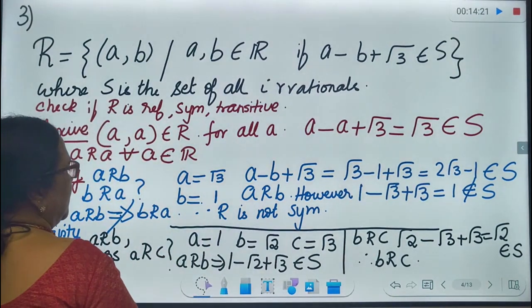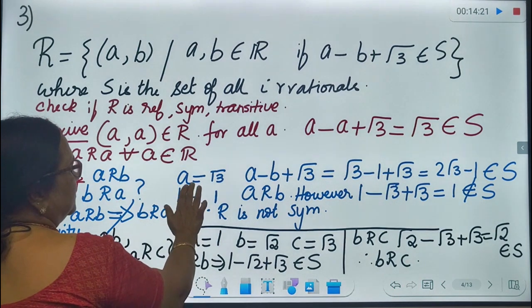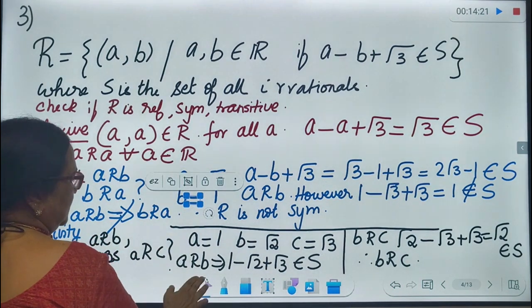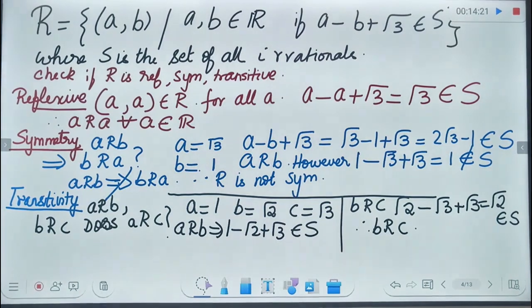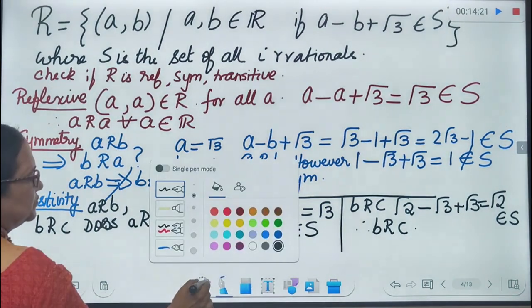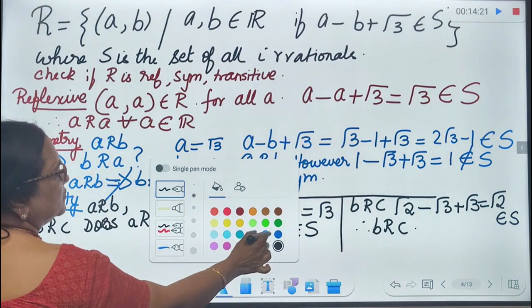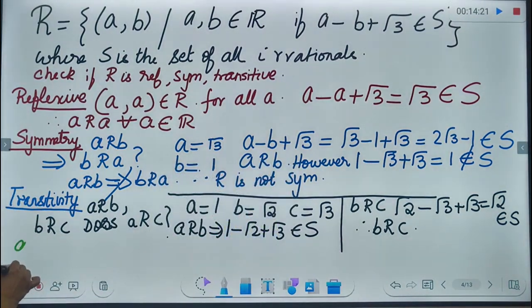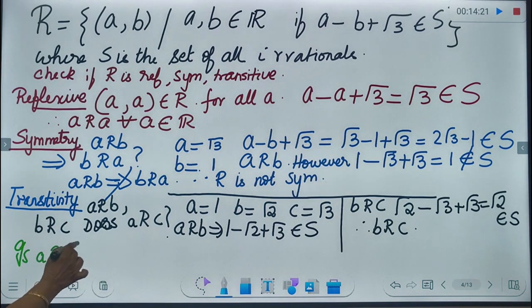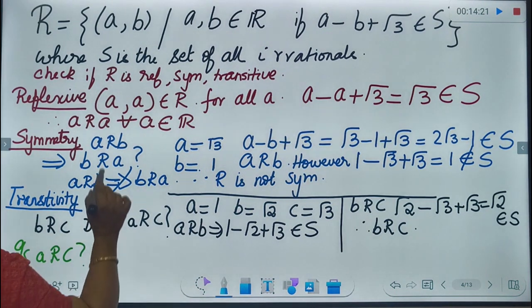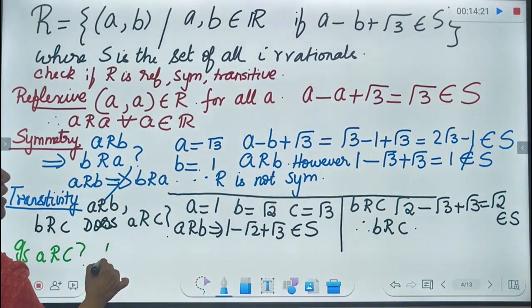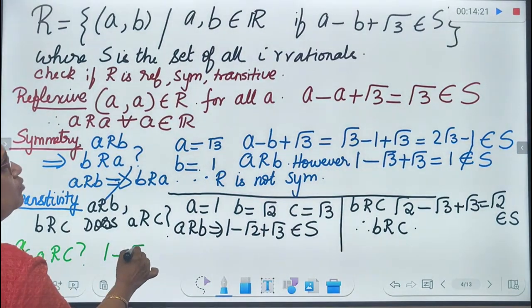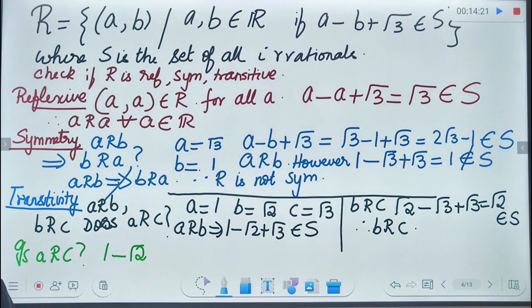Now we are going to check whether A is related to C. If A is related to C, then A minus C plus root 3 should belong to S. So what are the values of A minus C plus root 3?